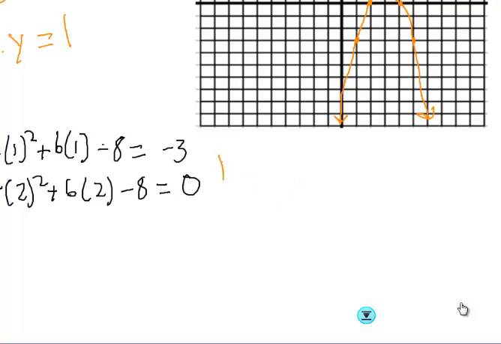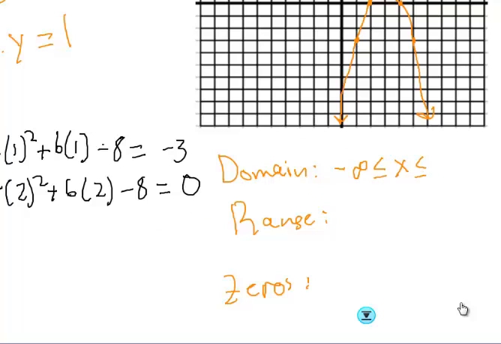The next thing we need is our domain, range, and zeros. Again, your domain is your x values. So if we notice, this is going in the x direction in the negative way. Since it's an arrow, it's actually going to be going this way forever. So your domain is negative infinity is less than or equal to x, less than or equal to positive infinity, because this is actually going in the positive x direction forever.